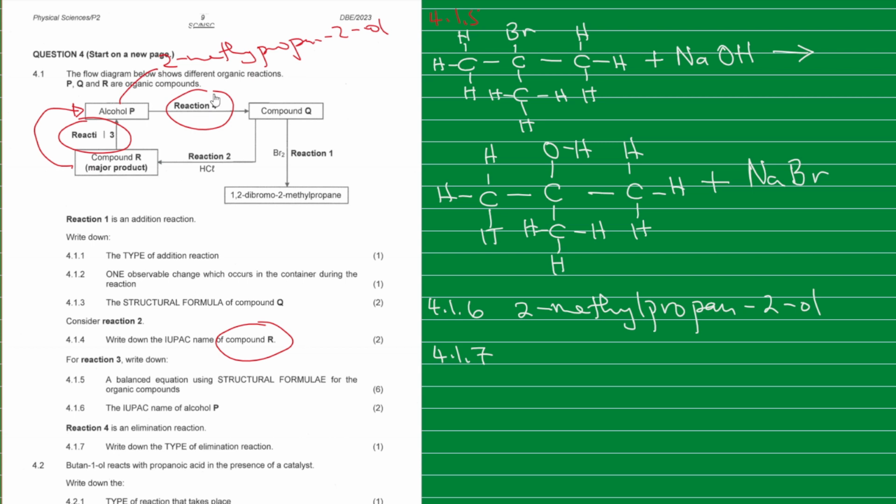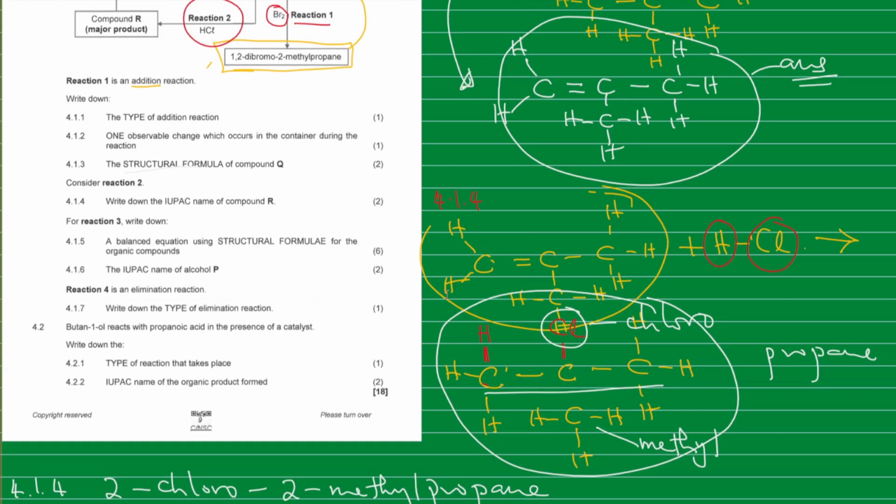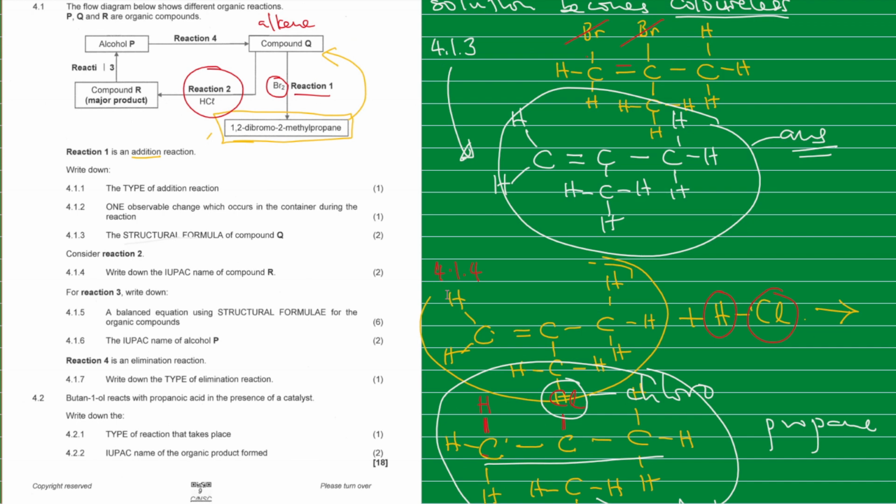Now when we eliminate this, we'll come back to that compound Q that we got earlier. Remember what we had earlier, the compound Q, we said it is a compound that is like this. Remember, they asked us to find the structural formula of compound Q. So we have got a double bond there.